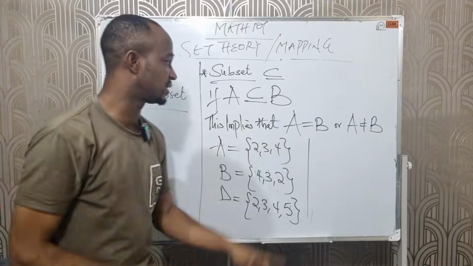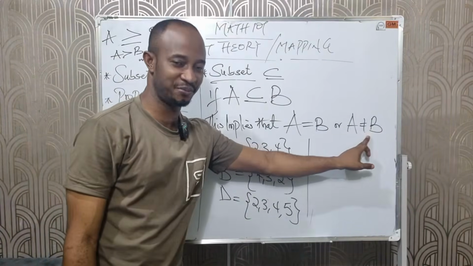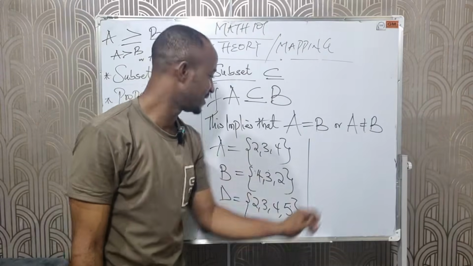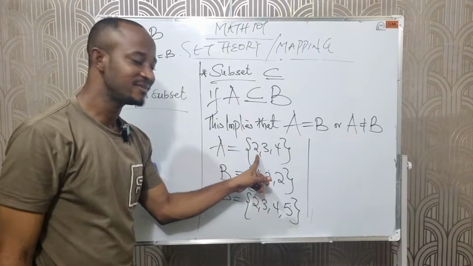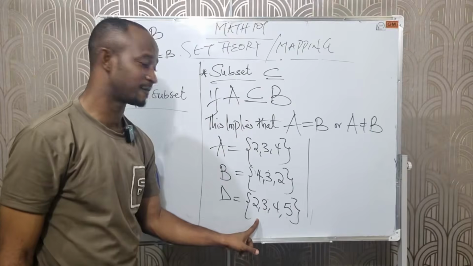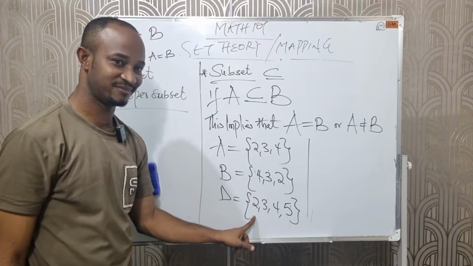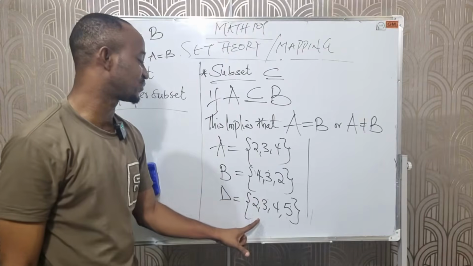The first condition is either A is equal to B or A is not equal to B. Am I communicating now? So I can say comfortably that A is a subset of D, but in this case, A is not equal to D. Right? I can also say that B is a subset of D.